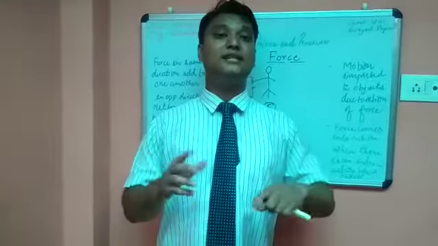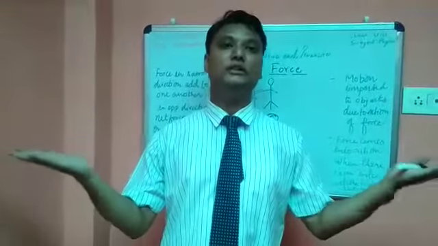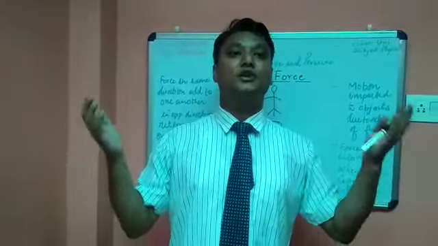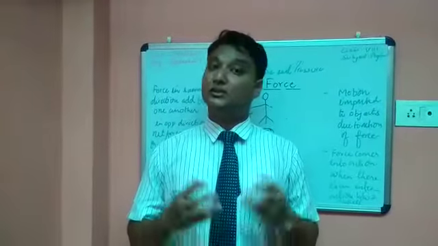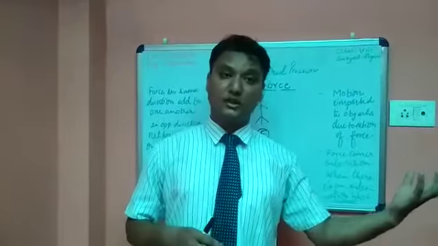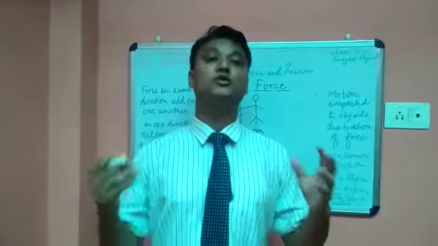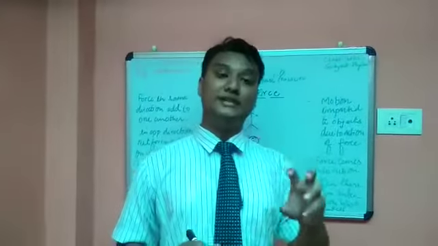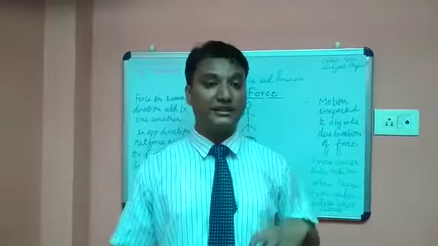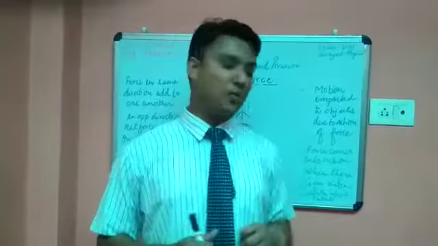Sometimes the force is equal on both sides of the rope, so the rope remains in the same position. So the force would be larger, smaller, or equal. Tug of war is an example of this.